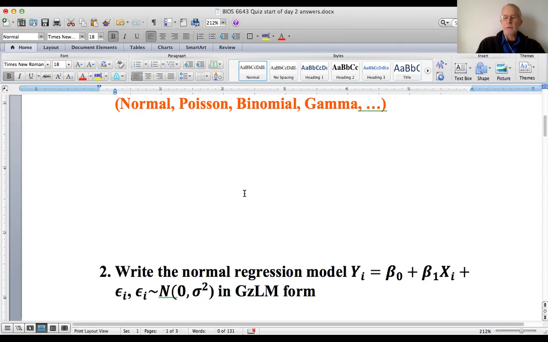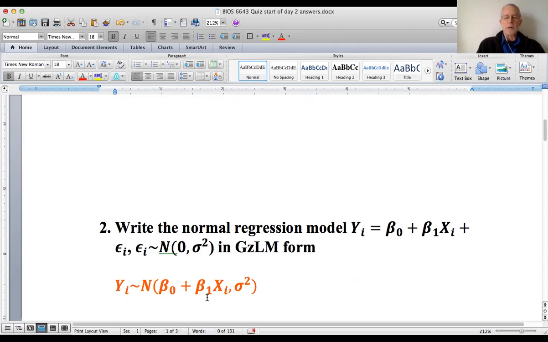So the other way to do it, the easy way to remember this, is instead of y equals, it's y is distributed as. Okay, and as soon as you write it that way, then you can replace that normal by pretty much any exponential family distribution. Okay, Poisson, gamma, binomial. So that's the key trick for generalized linear models: replace the equals and the plus epsilon with is distributed as.